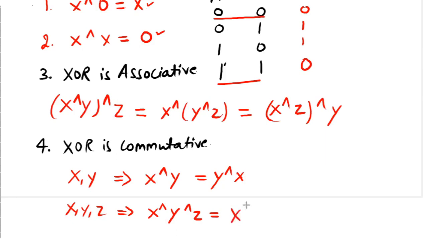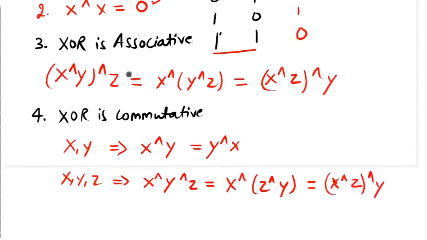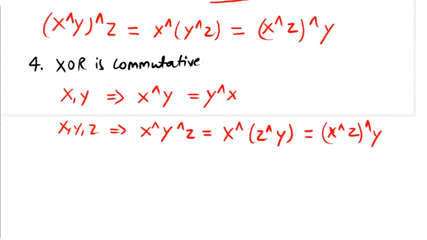So X XOR with Z XOR with Y, and this can be equivalent to X XOR with Z XOR with Y, and this can also be equivalent to saying Z XOR with X XOR with Y, and here the order doesn't matter.